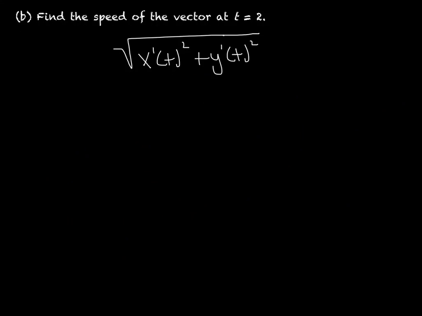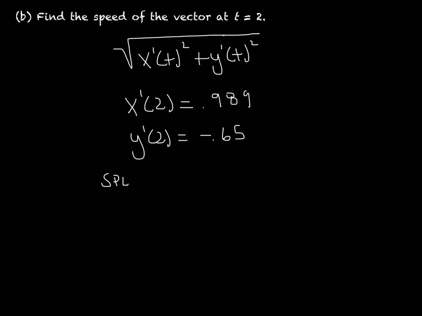So x prime of 2 is going to be 0.989. And then y prime of 2 is going to be negative 0.65.